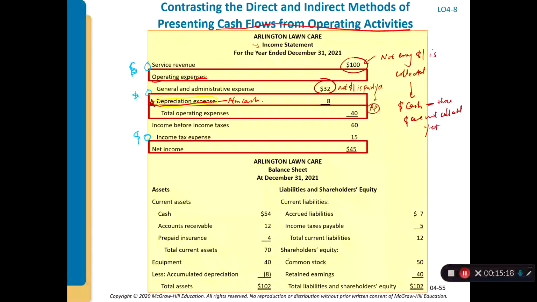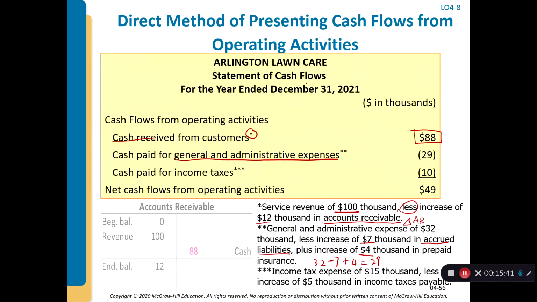In general administrative expenses, we were not including the $4,000 for prepaid because it's accrual accounting, and that 4,000 increase in prepaid expenses is considered as assets, right? But not in cash-based accounting. Cash-based will consider this 4,000 prepaid insurance as cash outflow. So therefore, you will have a cash outflow for 29, right?